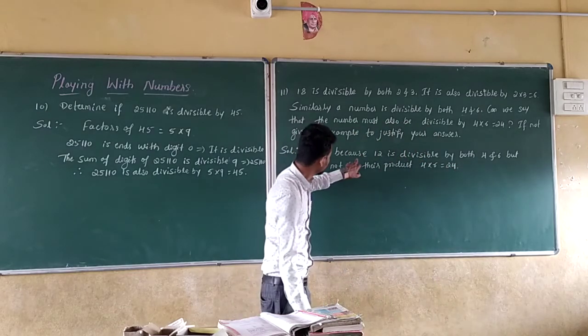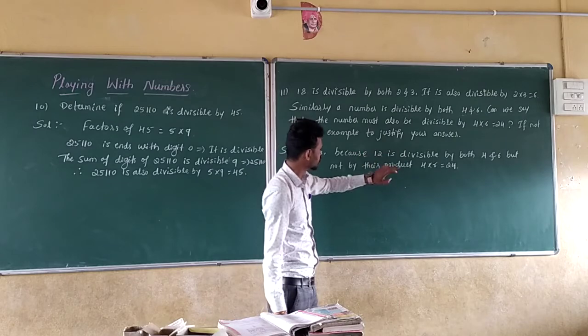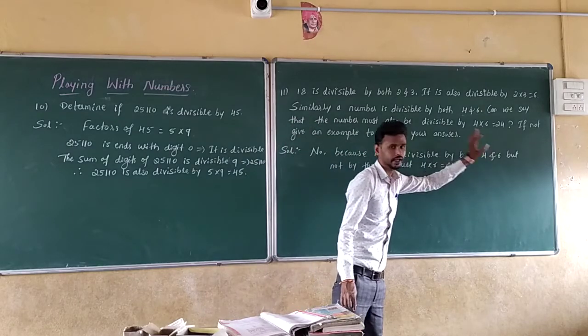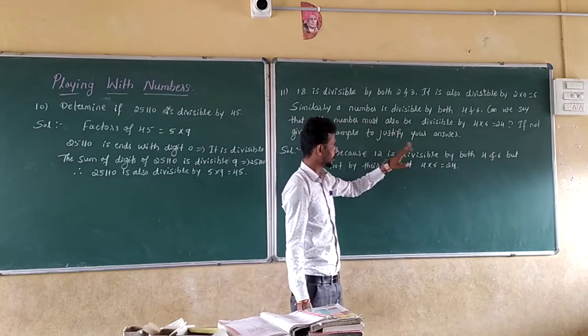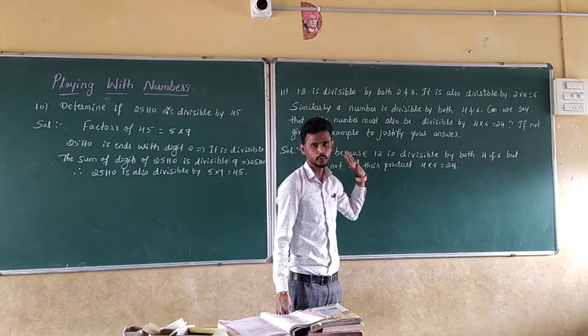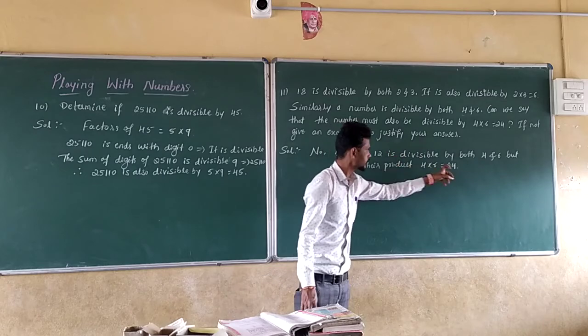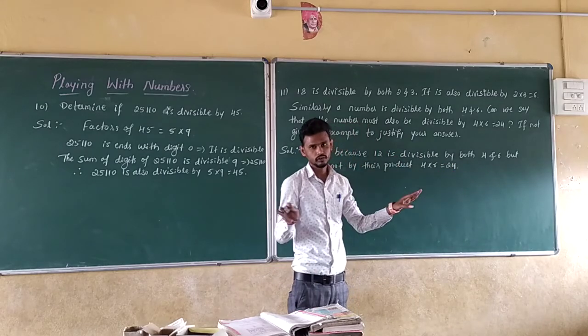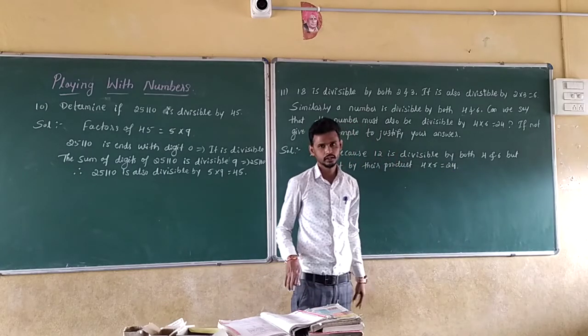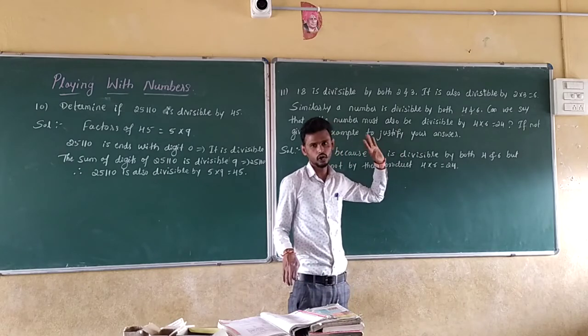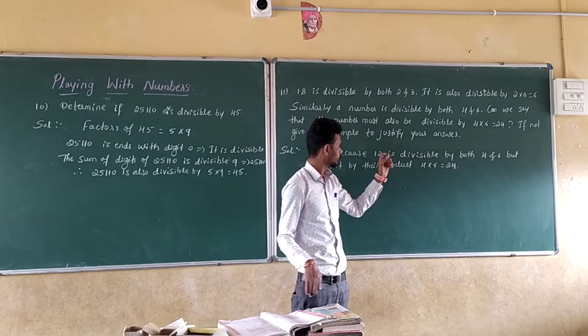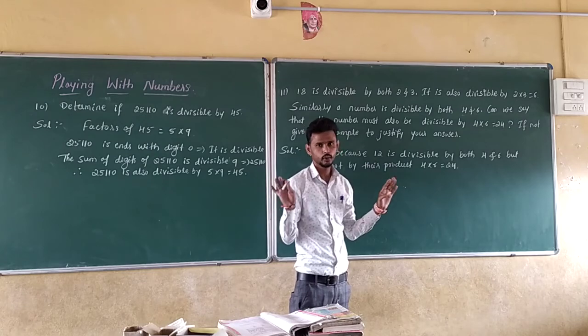Let us see. 12 is divisible by both 4 and 6. 4 threes are 12 and 6 twos are 12. But their product is 24. Is 12 divisible by 24? No. So this is our example. This statement is not true because 12 is not divisible by 24.